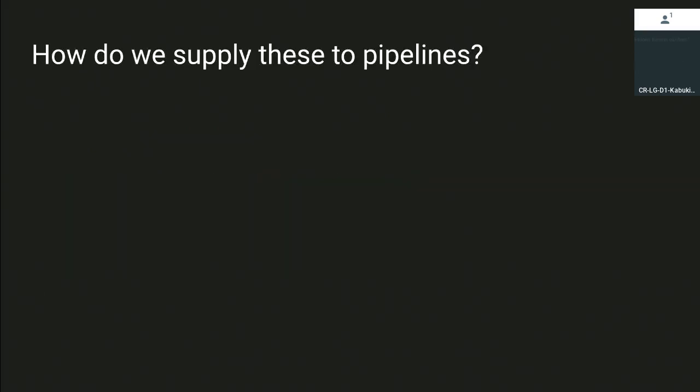So this raises a question, how do we actually supply these to pipelines, and later on, how do we use them? One thing we have to do is we need to supply several at once. If you have these represent the things you want to deploy, and you have a Docker image that you're updating, and you have a Kubernetes manifest that you're updating, it's important that you can say, both of these changed at once, please deploy both of them for me.